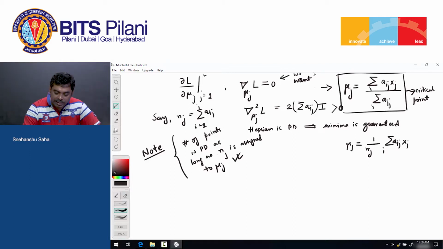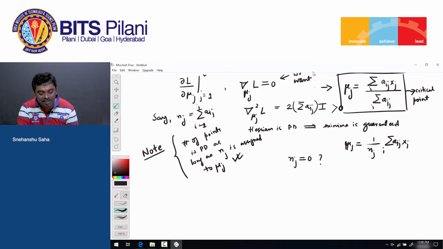As I said earlier, this is nothing but the empirical mean of the data points around the clusters. Can you tell me what's the problem with this particular representation? The problem is what happens when nj equals 0.